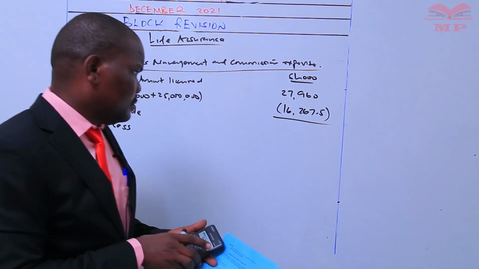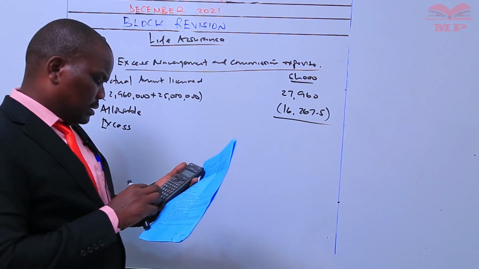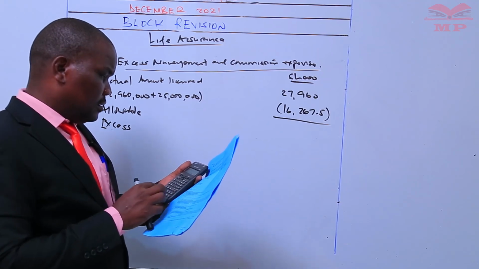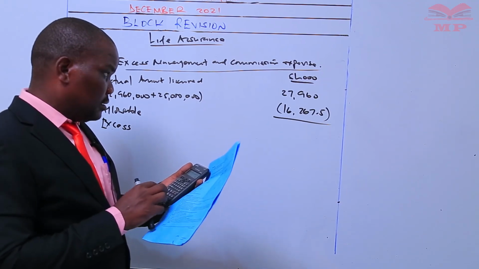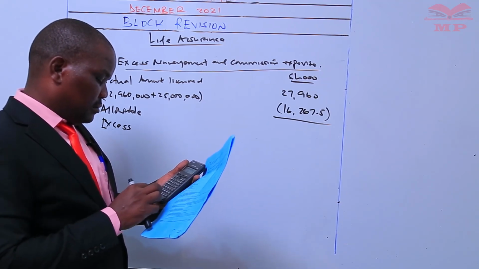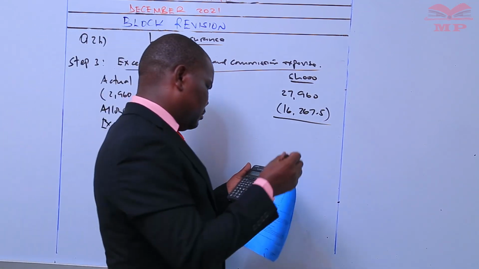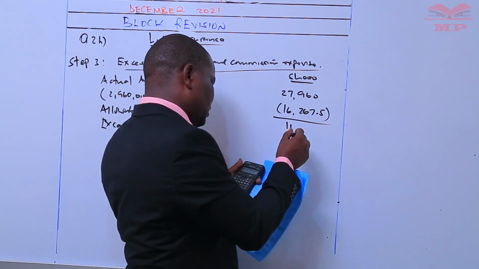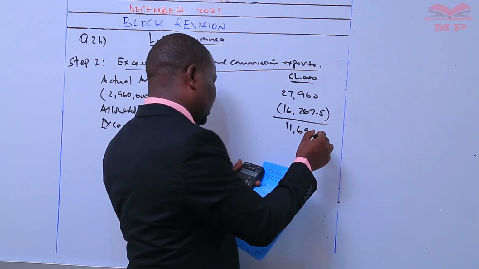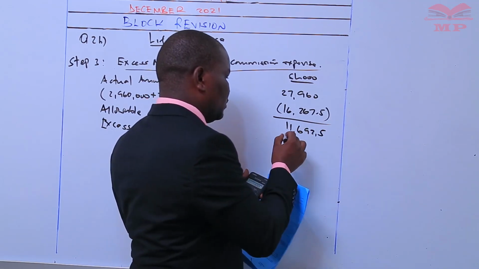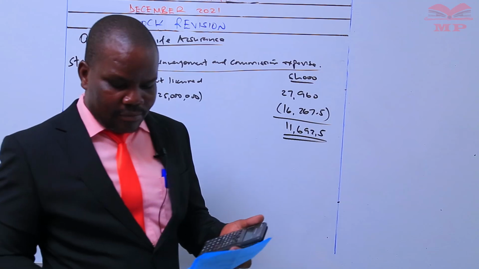So we do it. We have 27,960 less 16,267.5. That is 11,692,500. That is step 3.